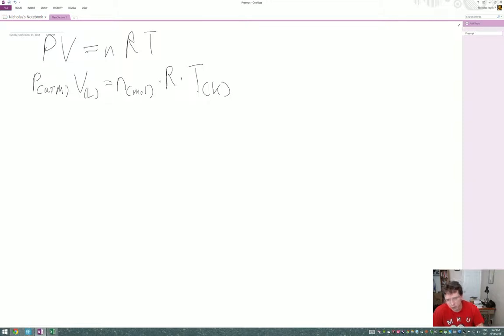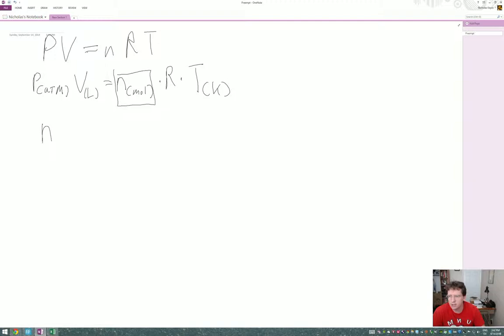Okay? Now, what are we solving for? Remember, the question was solve for n, right? So we want to solve this equation for this guy. This is basic algebra. Everyone looked like they were on board with this.